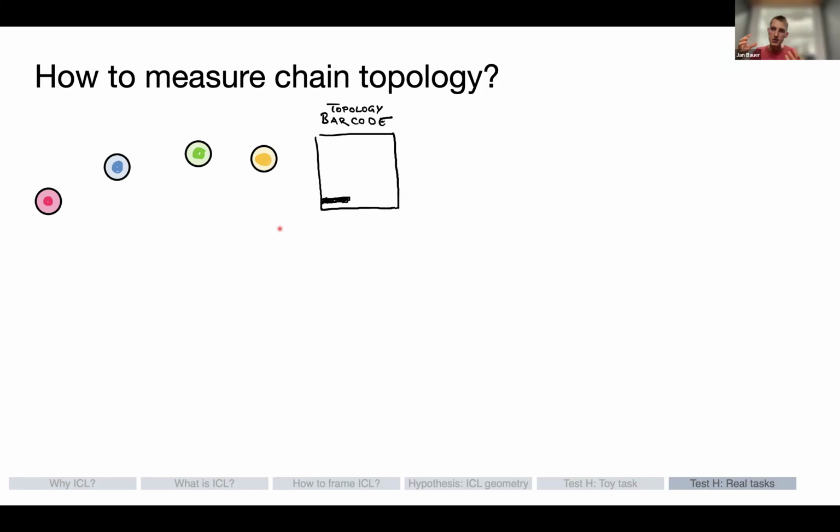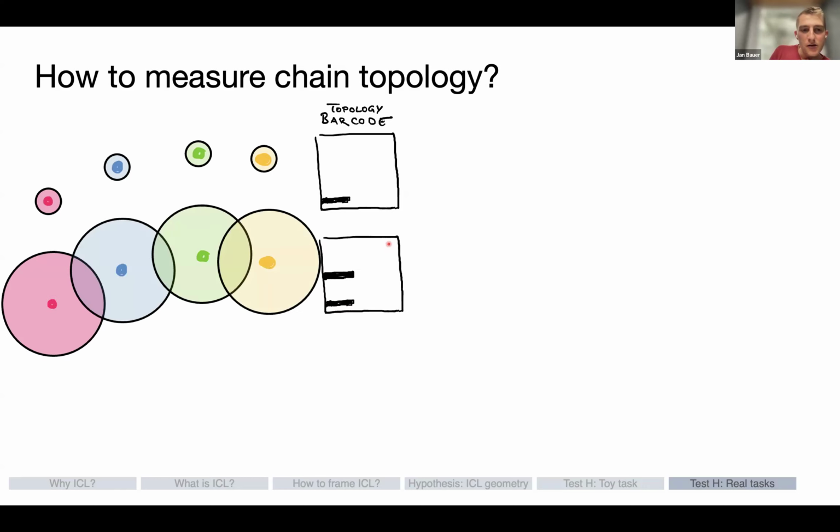So what this topological approach does is it takes each point and it draws a ball around it of a given radius. And then it increases these balls in size consecutively, and it tracks or logs this on this sort of topological barcode. Now, what happens if you increase these circles and indeed a chain is present is that you get this signature here of a bar popping up.